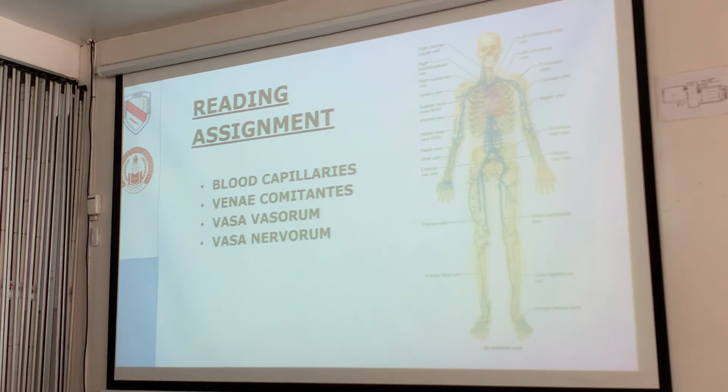How about this one? Vasa vasorum. Blood vessel of the blood vessels. Your blood vessels need blood vessels as well. That would be the vasa vasorum. Okay?